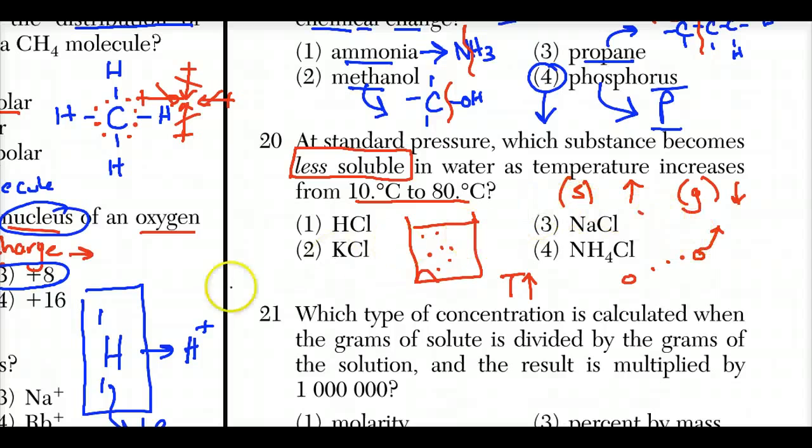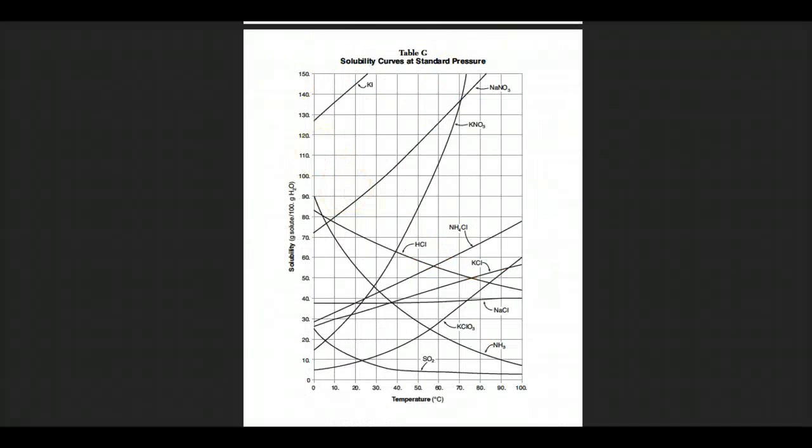So let's go to a table that kind of reminds us of this. Okay, this is Table G, solubility curves, and you notice as temperature increases, most of our curves go up. If you notice, there's a few of them where the curves are going down as temperature increases, and look at this: it's ammonia, sulfur dioxide, hydrochloric acid, or hydrogen chloride.